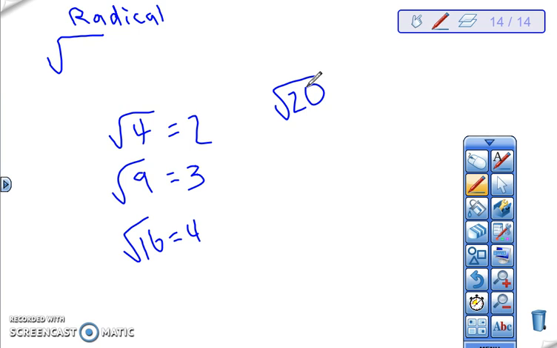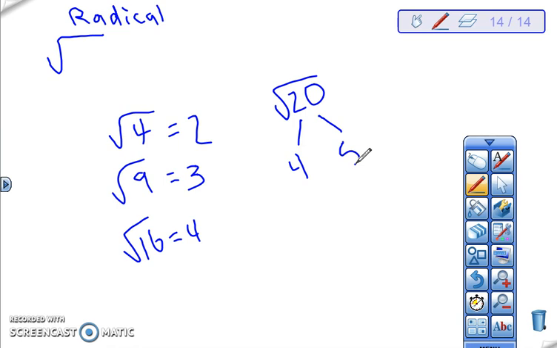We're going to break down the number 20 into other smaller numbers that will multiply to 20. And if we're doing this the most efficient way possible, we're going to think of numbers that have square roots that multiply into 20. So for example, I know that 20 is the same as 4 times 5.